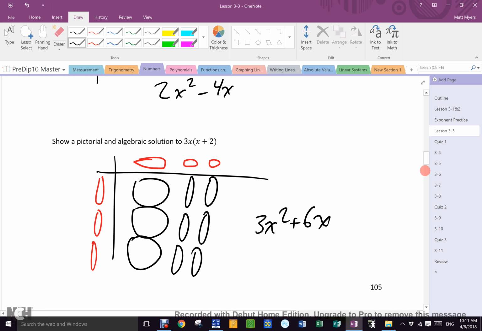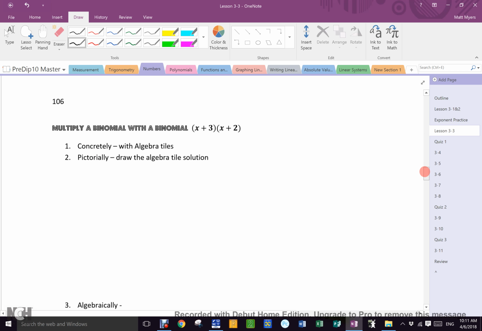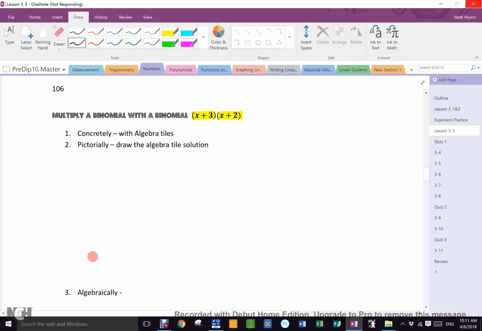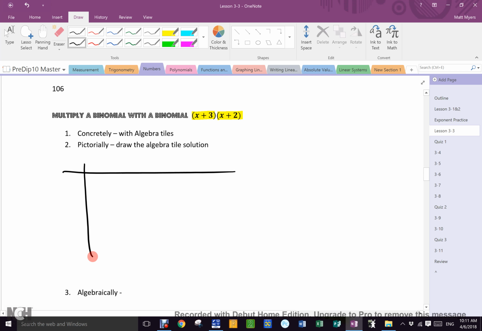All right. That's the easy stuff. What's different here? Now I got a binomial and I got a binomial. We gotta use Draw it first. These are the factors, right? What's the first factor? X plus 3. How do I draw it? X. Oh, they're supposed to be red, the factors. Red. 1, 2, 3.